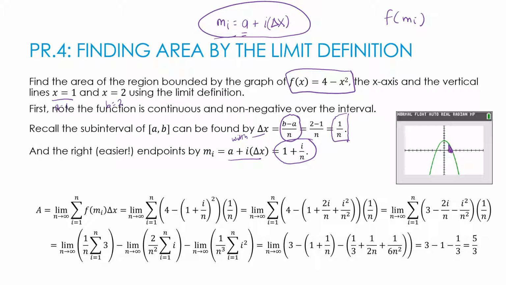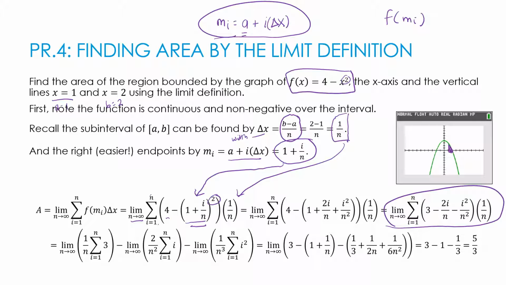So I'm finding the limit as n approaches infinity of the summation from 1 to n of 4 minus this value squared times delta x. From there it's just a lot of algebra, so I'm squaring and simplifying, so I end up with this. The limit as n approaches infinity of the summation as i goes from 1 to n of that entire function.